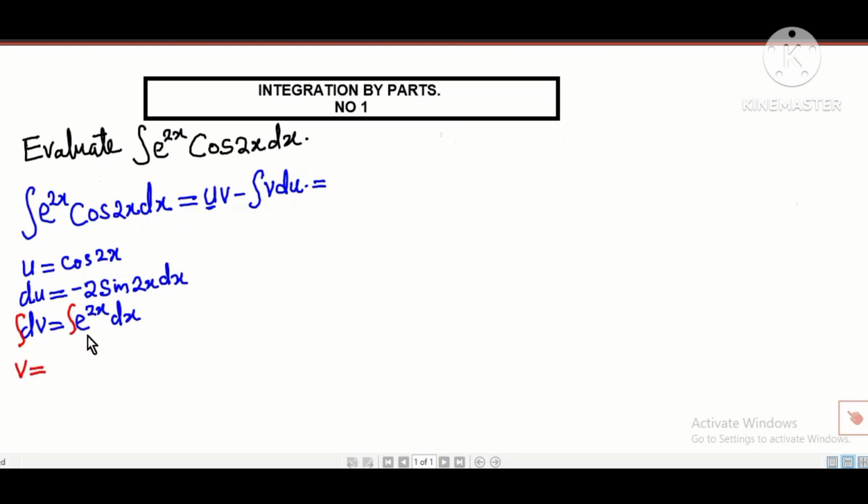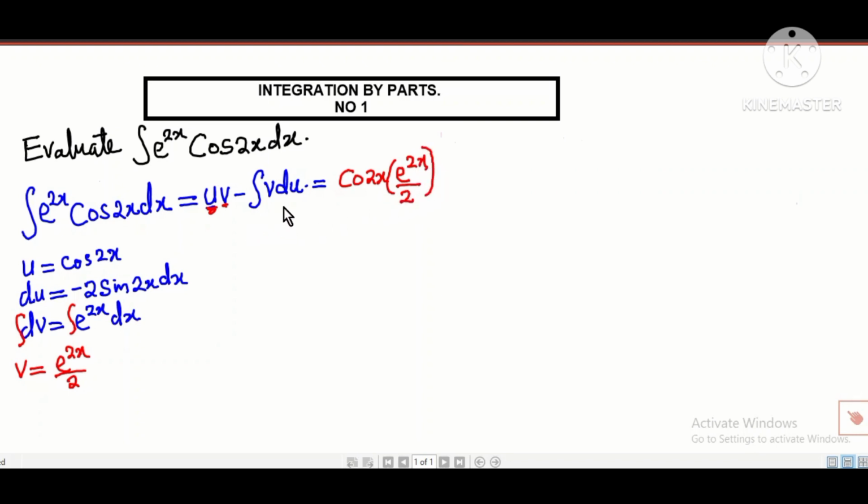When you integrate e to the power 2x, you have e to the power 2x divided by 2.